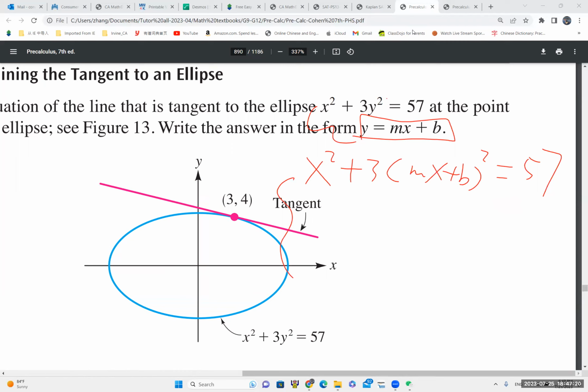So we have y is 4 when x is 3, so 3m plus b. Now we have three variables m, b, and x, so suppose this is not enough. Any more conditions?